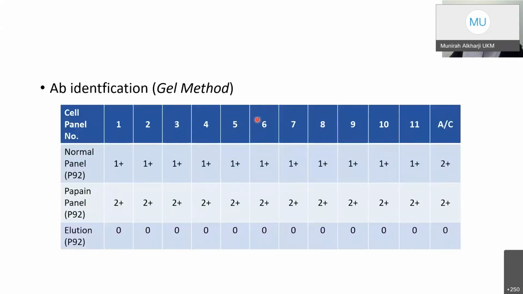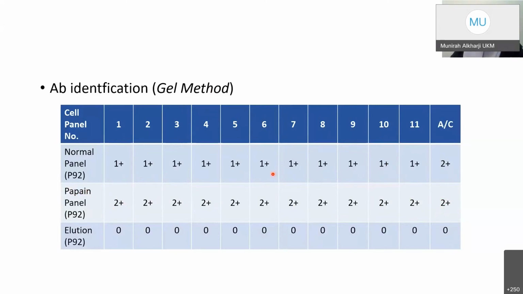So when we did the antibody identification using the gel method with the normal panel, it showed pan-agglutination with 1+ with autocontrol 2+. And we proceeded with the papainized panel, which also showed the same pan reaction with 2+, including the autocontrol.